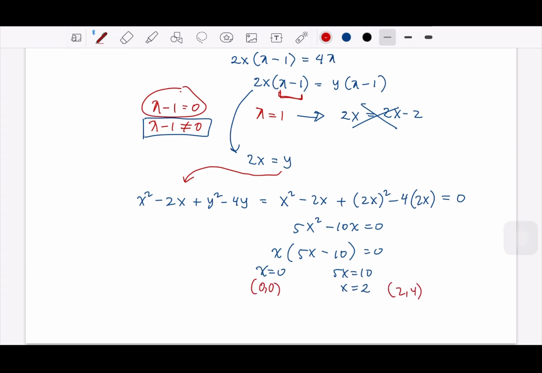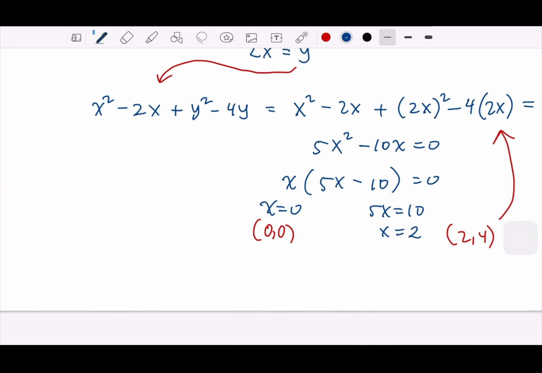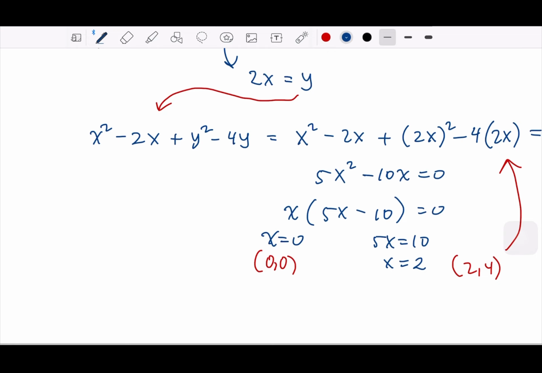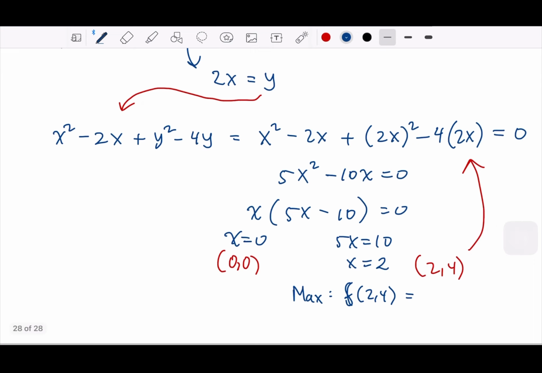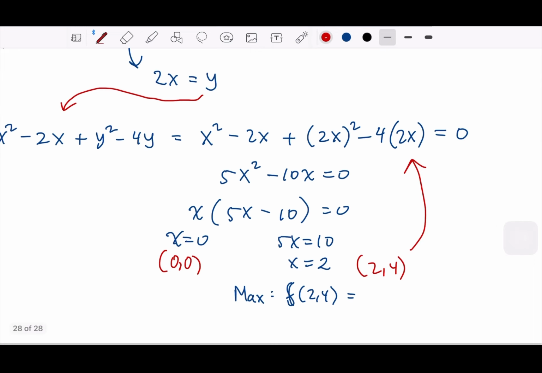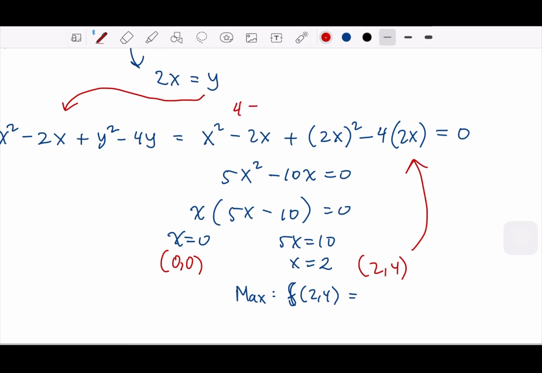So check back to the equations. We will see that the only way that it can be maximized is using f(2, 4).